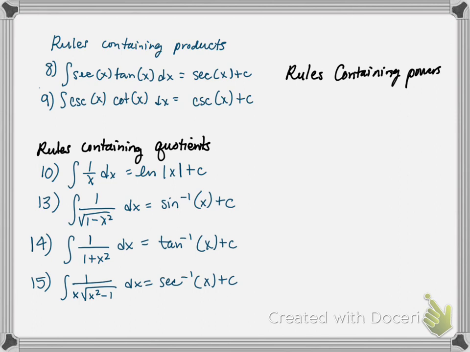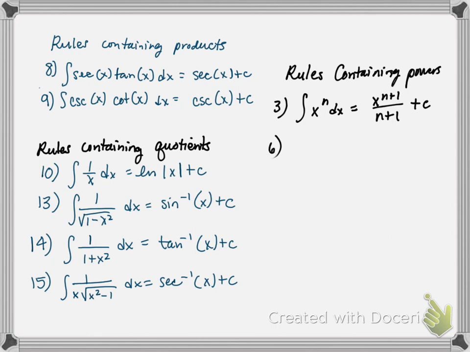So this is rule number 3. Rule 3 says the integration of x to the n dx equals x to the n plus 1 all over n plus 1 plus c. And we've used that rule several times. Rule number 6, excuse me, not 4, but 6.